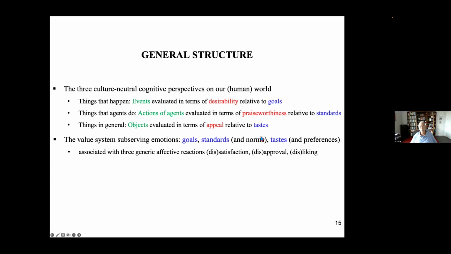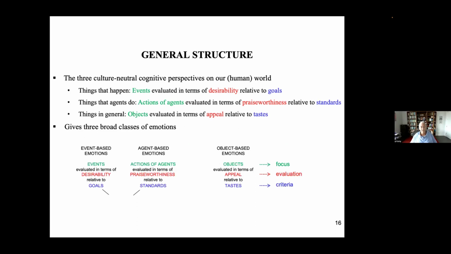And these three different kinds of values are associated with three generic affective reactions, which we call satisfaction or dissatisfaction, approval or disapproval, liking or disliking. And I should say already here, we're using these words as the best labels we can find to explain what we mean in terms of the situations that are involved here.